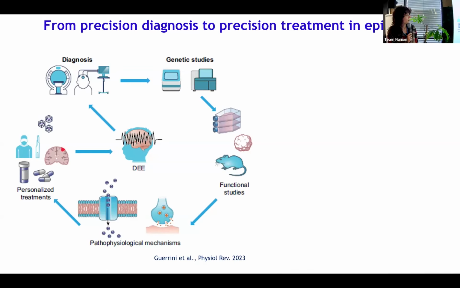We start from a clinical diagnosis of patients, and then we perform next generation sequencing studies to identify the variants, and most of them are of unknown significance. That means that they require a functional characterization to find out if they have an impact in the patients.